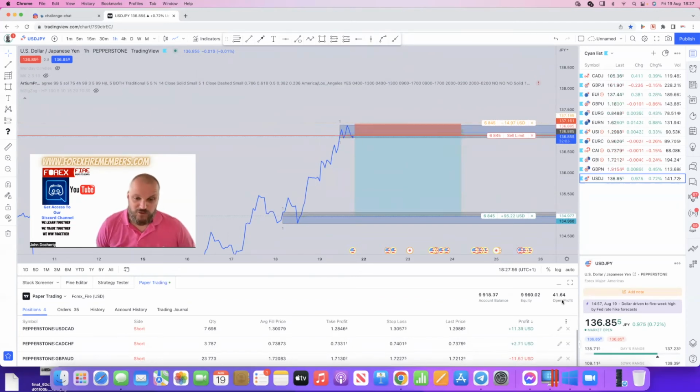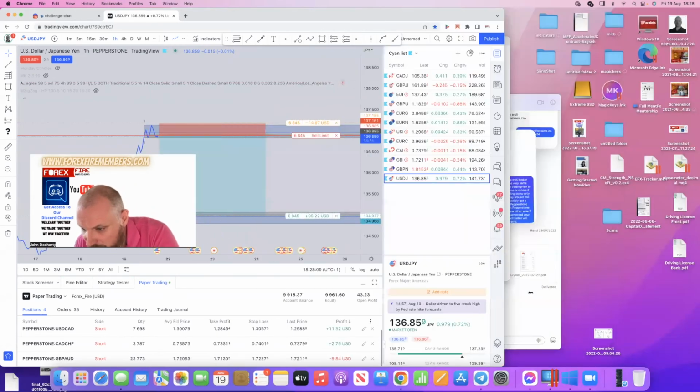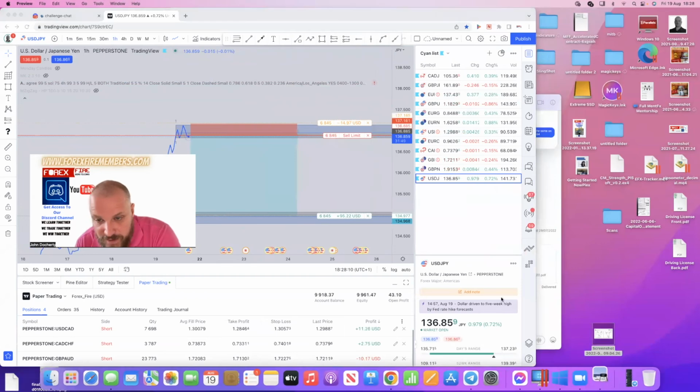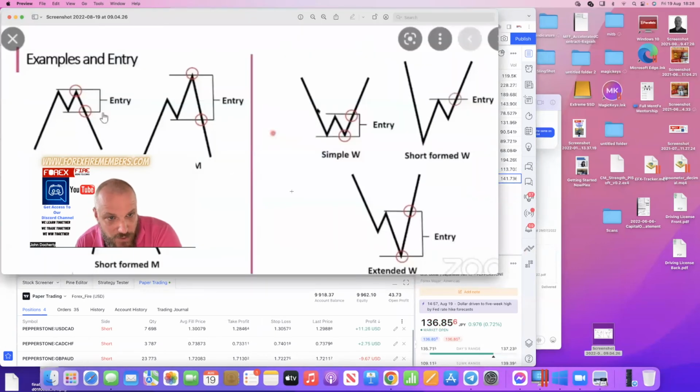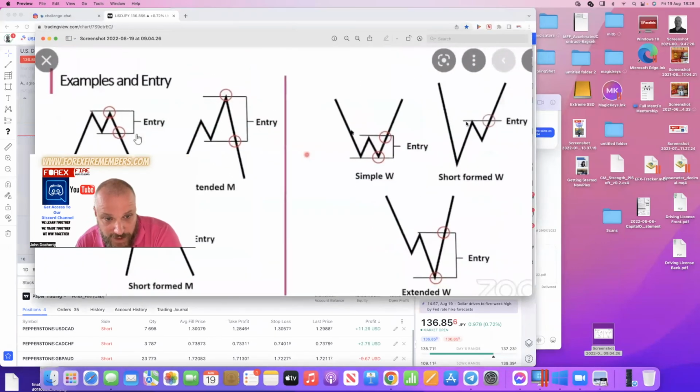It's just something I used to trade a while ago with regards to pattern trading, which is the W pattern or the M pattern. There's many different forms of these patterns. So let's take a look. Let's get this on here. These are the sort of entries and patterns that I'm looking at, to be honest.